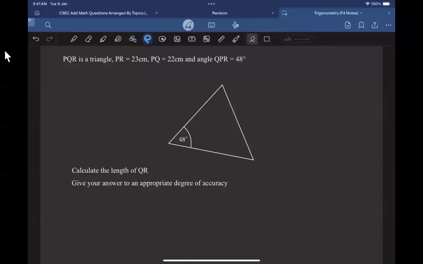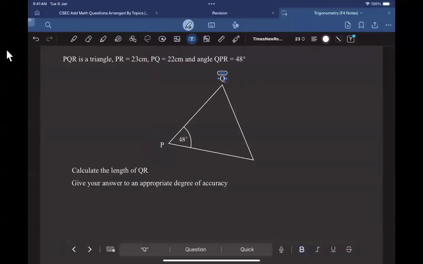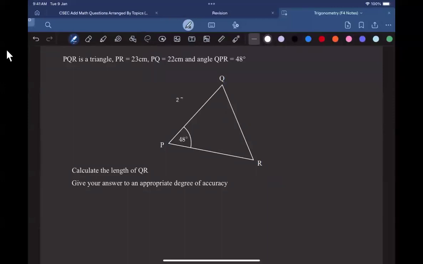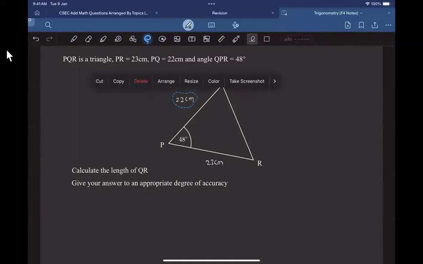Let me just label this triangle first. Bryce, I'll wait for you to give this question a read. PQR is a triangle.